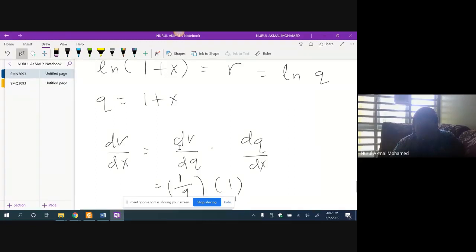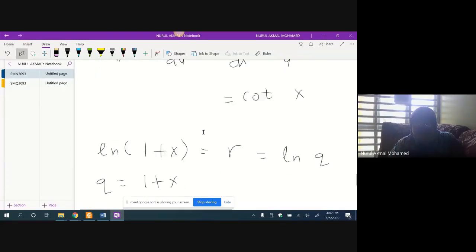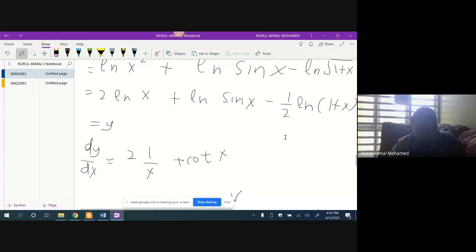So the answer will be 1 divided by 1 plus x.